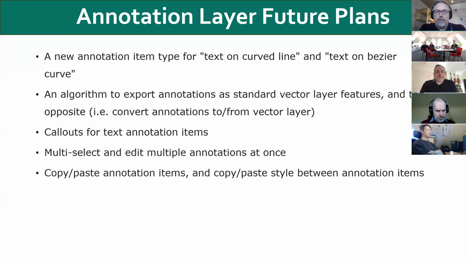Another future plan is to add the capability to be able to copy and paste annotation items between projects, and to be able to copy and paste annotation styles between annotation items, like you can do with GIS layers. You can copy and paste styles between GIS layers in QGIS. So this would be adding that same functionality to these annotations.